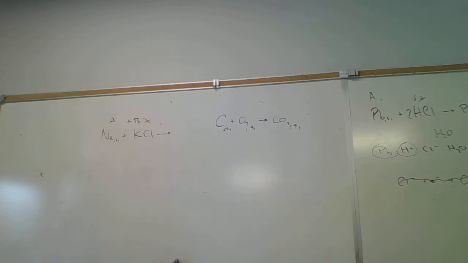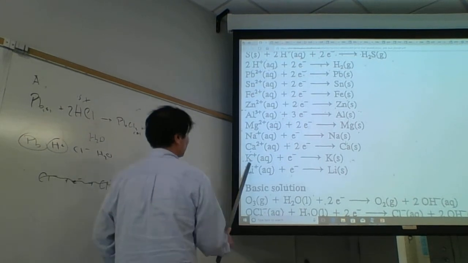Is sodium a good reducer? Yes. Sodium is the fourth most powerful reducer. This is quite good so far because A is supposed to be a reducer and sodium is a powerful reducer. Yeah, but what is B? B is the oxidizer, which is potassium ion. How good of an oxidizer is potassium ion? It's the second worst oxidizer.